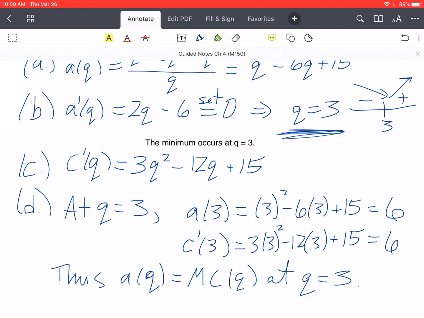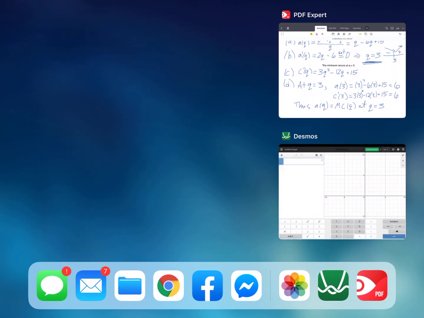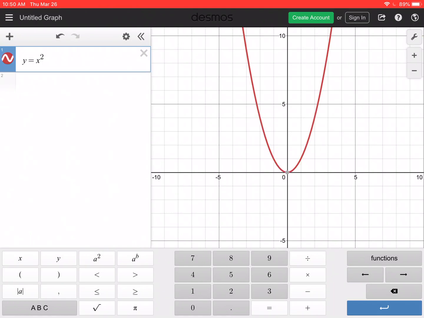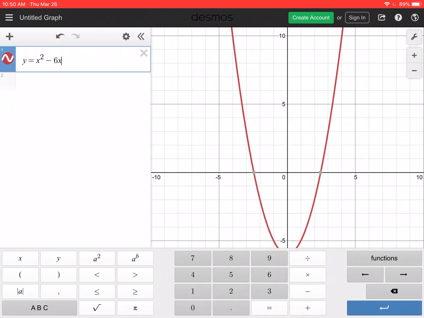So let's switch over to Desmos, and then let's graph these functions. In Desmos, I'm going to use x instead of q. But we get our average cost function, so x squared minus 6x plus 15.